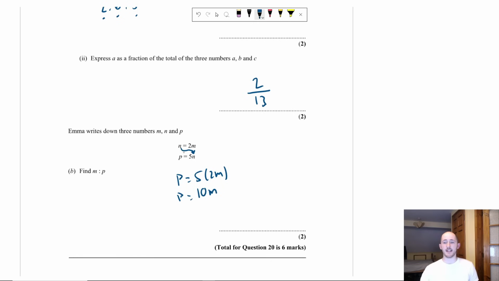So what this is saying is P is 10 times bigger than M. So in other words, for M to P, you have a 10 to 1 ratio. Because P is equal to 10M, it's 10 times bigger. So, sorry, I actually wrote this the wrong way around. It's 1 to 10. Because P is 10 times bigger than M, right? So P should have the 10 in front of it.